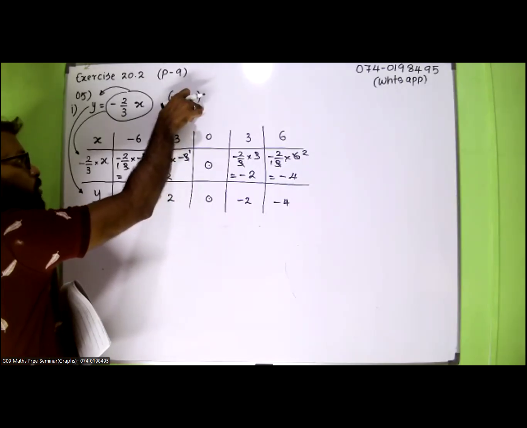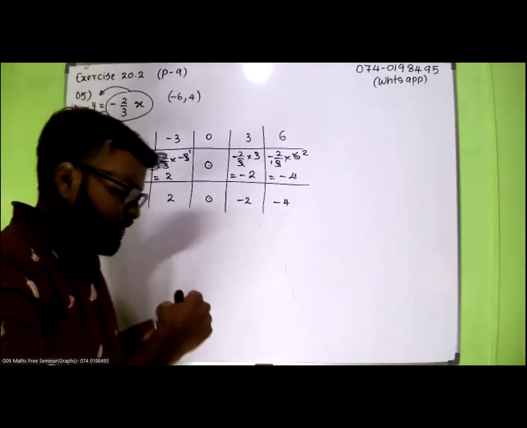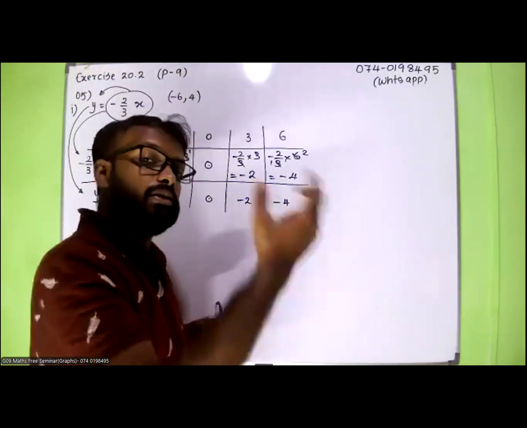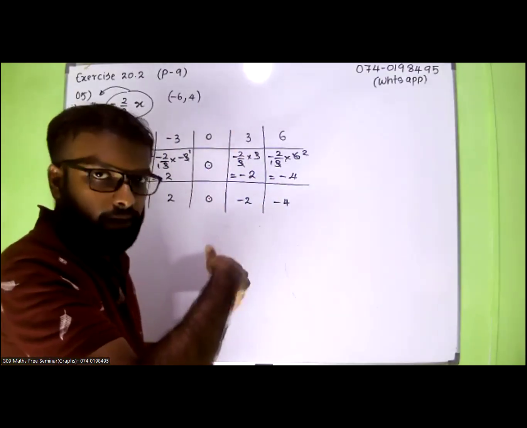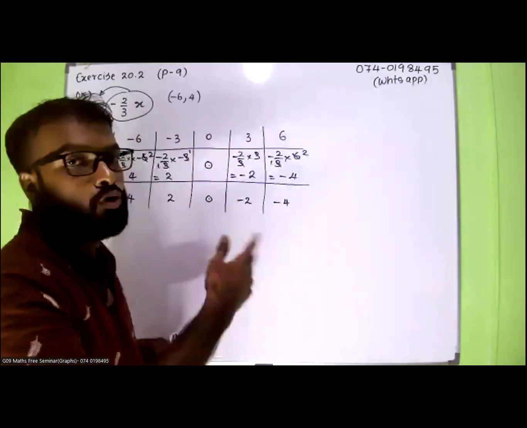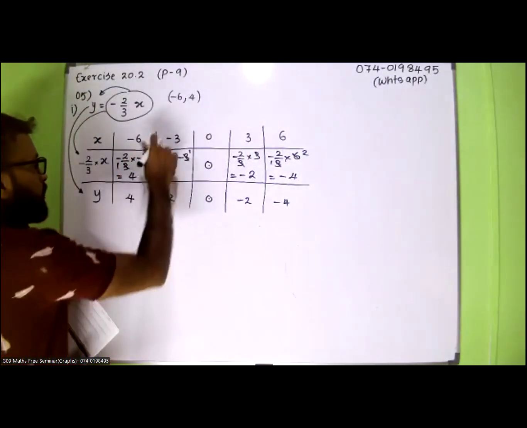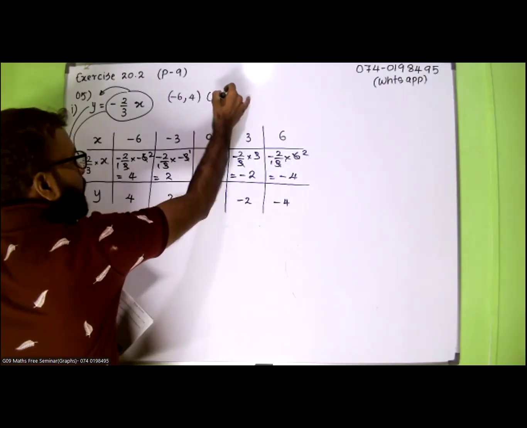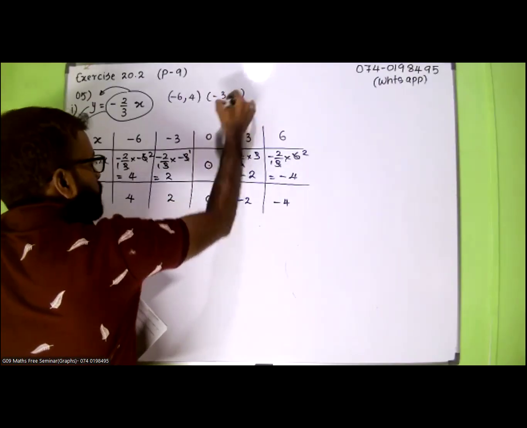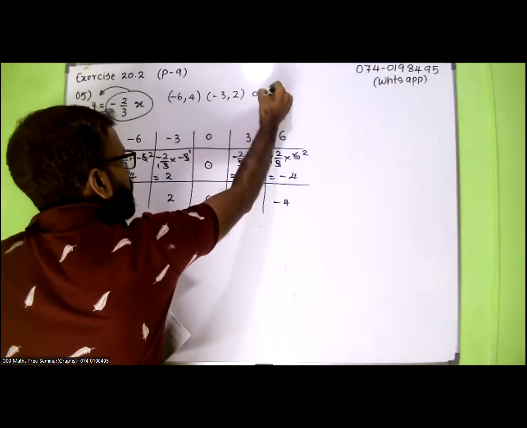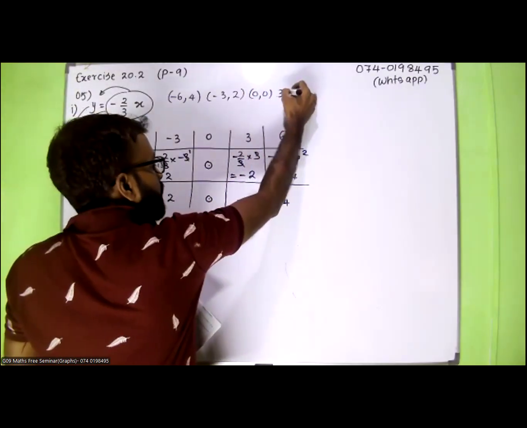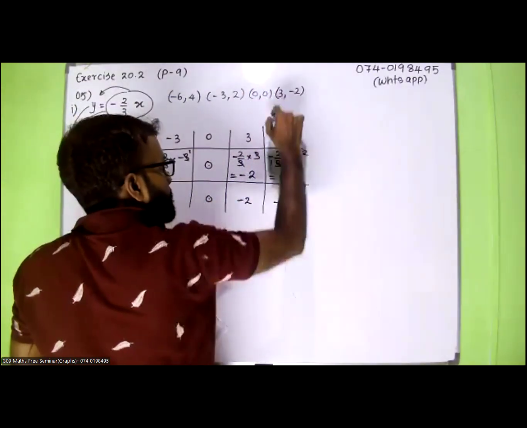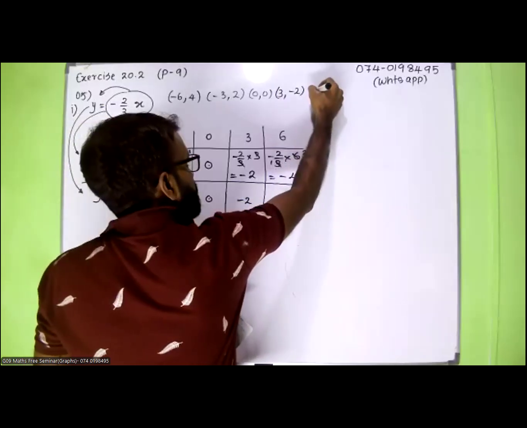Before doing part 2, I am going to write down my ordered pairs so that I can mark them inside my Cartesian plane before drawing the graph. Minus 3 comma 2, 0 comma 0, 3 comma minus 2, 6 comma minus 4.